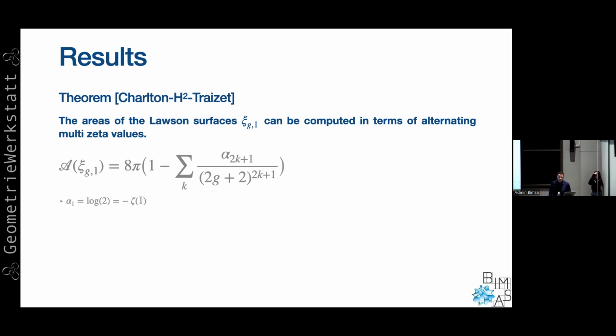So by doing so, we get that expansion, and we can get basically recursively these values in terms of these alternating multiple zeta values. The first non-trivial coefficient here is just log of 2, which is minus zeta of overline 1, if you sum the alternating sum, right?